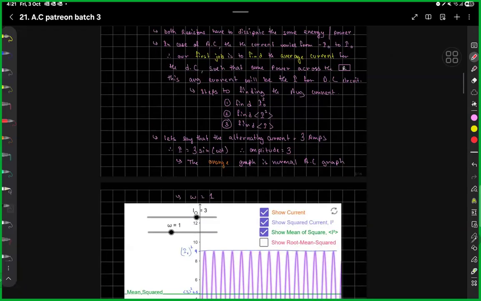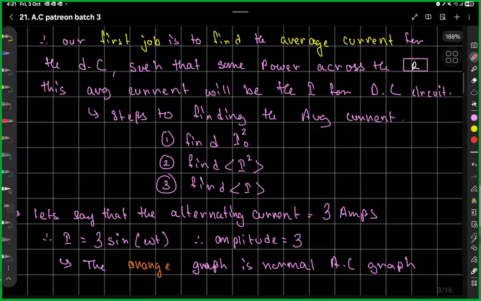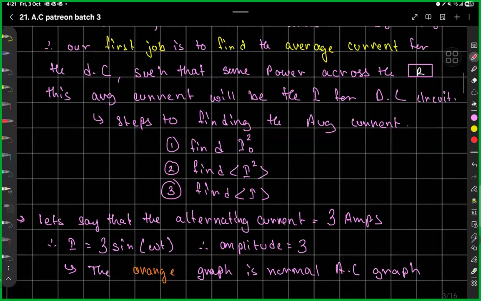You find the I naught value, I naught square value, whatever the max value is, square that. And then find the mean square value. Once you find the mean square value of current, then find the average current. How do you find the average current? You take the area under the curve divided by how far the area extends on the x-axis. That is how you find the average.